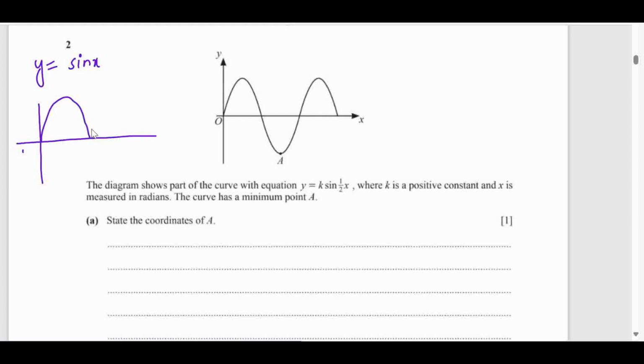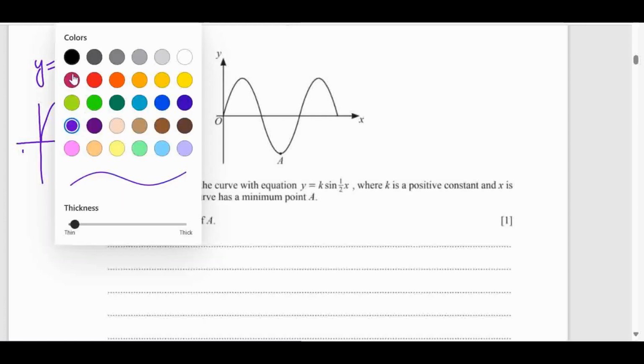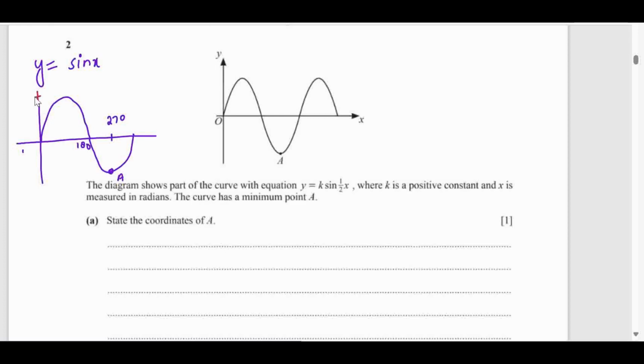This point is 180, and then this point is 270. The minimum point A will be at 270, and the maximum and minimum values are 1 and minus 1. This is the normal graph for y is equal to sine of x.